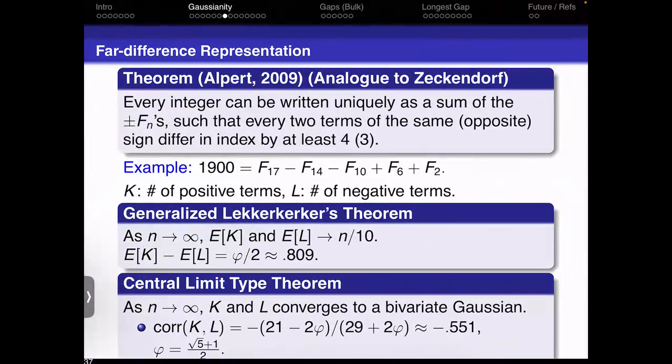Okay, there's a lot of other things you can look at. So we looked at writing things as sums of Fibonacci numbers. For a lot of things, it's sometimes easier not to look at sums, but to look at signed expressions where you can have plus and minus. There's some really great riddles where you're trying to weigh something and you have one of these equal arm balances. Does anybody remember these from maybe high school or something?